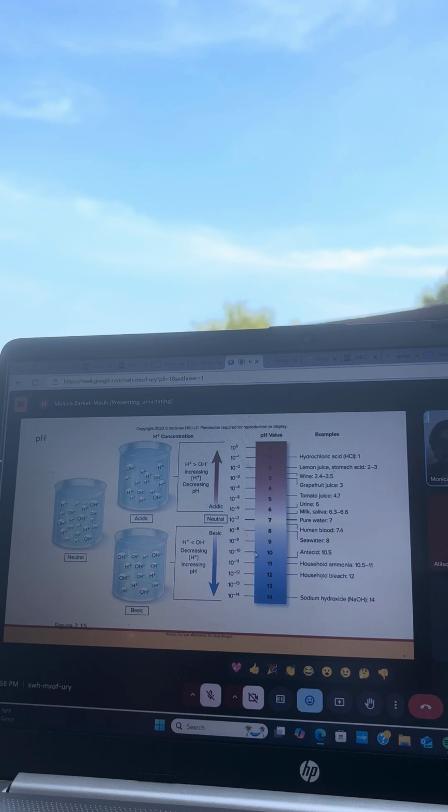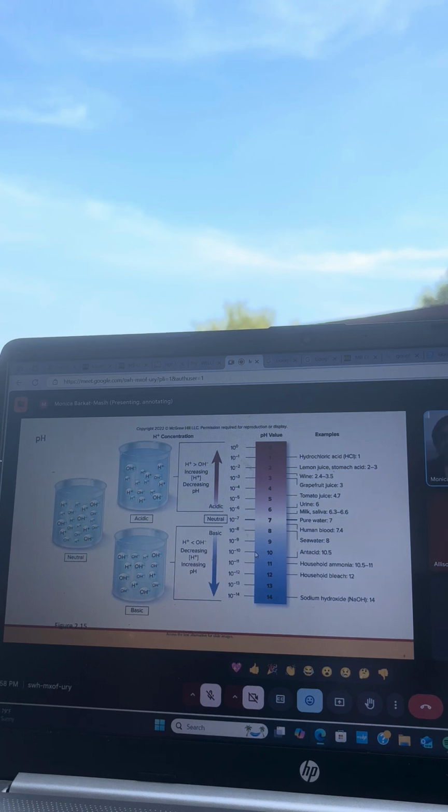It will be a base. Now, let's say pH of 2 and 3. Which one would be a stronger acid? pH of 2, yes, the smaller the number, because the strength of the acid will increase towards 0.